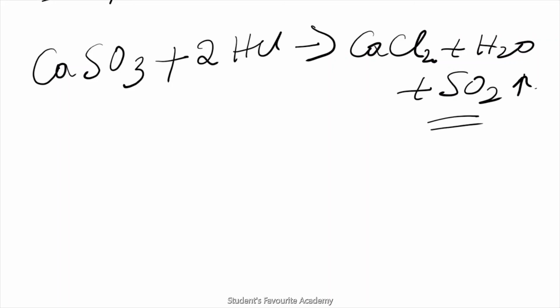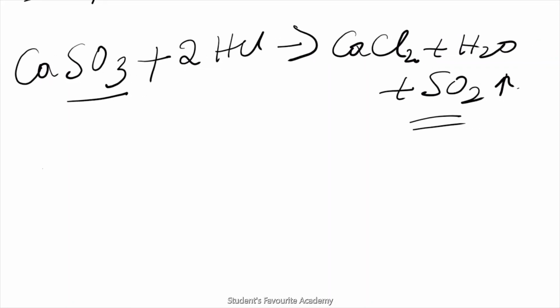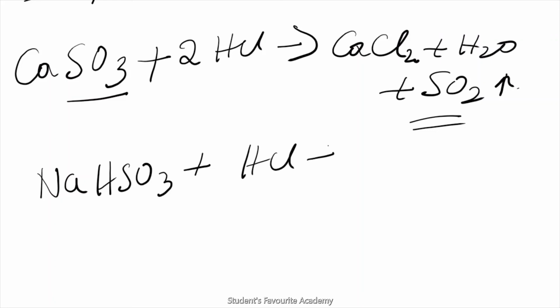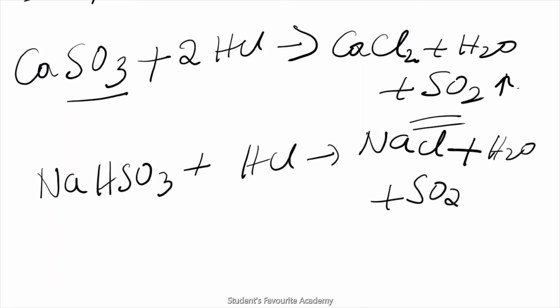This is also a gas. So with carbonates and bicarbonates you get carbon dioxide gas. With sulfites and bisulfites you get sulfur dioxide gas. For example, sodium bisulfite plus hydrochloric acid gives sodium chloride plus water plus sulfur dioxide.